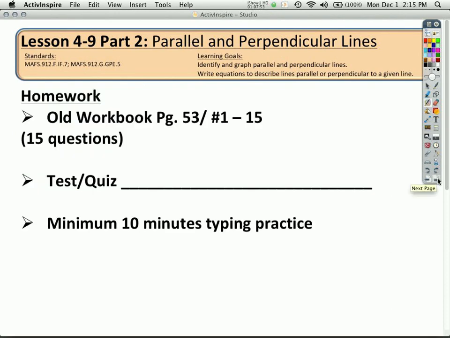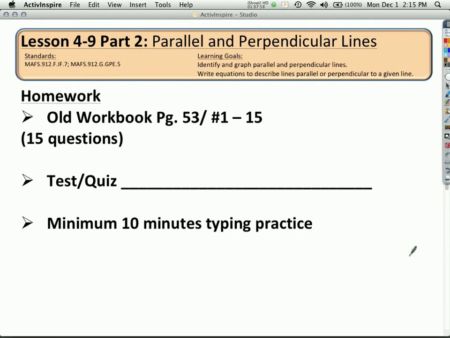Your homework is page 53, numbers 1 through 15 in the old workbook. The new workbook has nothing, no examples of these questions at all, even though you have to be an expert at them. Your test is going to be on, let me see, I see you tomorrow, Wednesday, so it's going to be on Thursday.